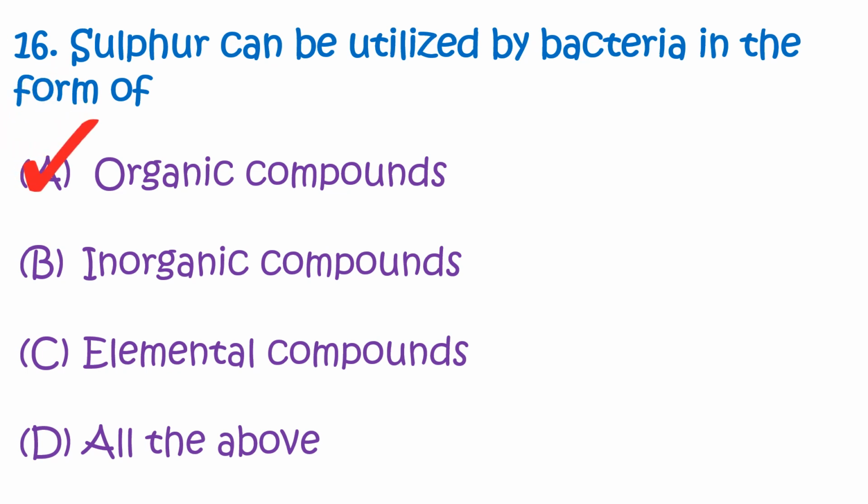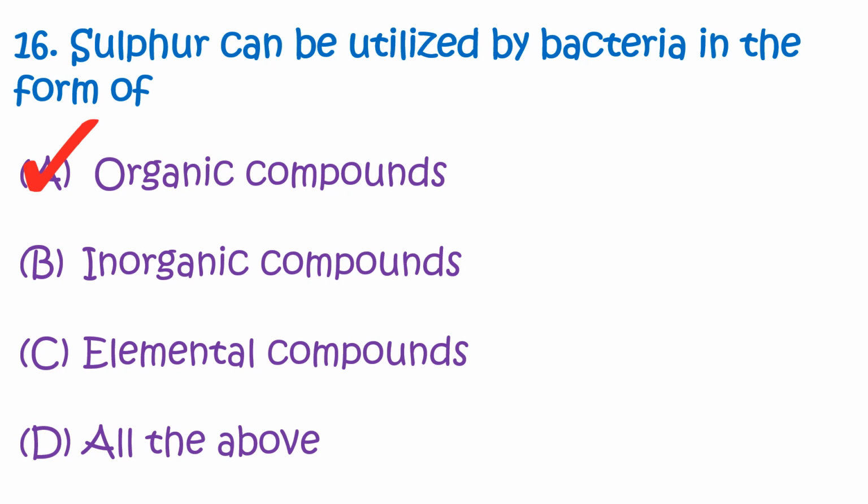Now sulfur normally occurs in the organic form, the inorganic form, and the elemental form. Sulfur is required to synthesize the sulfur containing amino acids and certain types of vitamins. So, depending upon the organism, sulfates, hydrogen sulfide, or sulfur containing amino acids may be used as a source of sulfur.